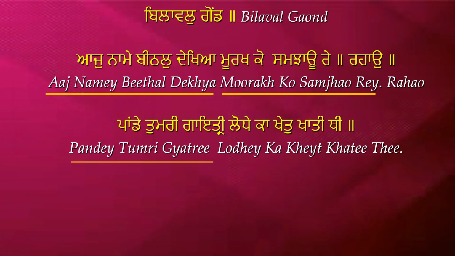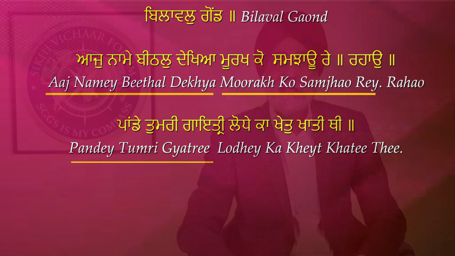Pande tumri Gayatri lode ka khet khati thi. O clergy, your Gayatri mantra, Tomari Gayatri, note the use of the word your Gayatri. There is a narrative of the Gayatri mantra in the original Sanatan texts, and there is a Gayatri of the clergy creation.